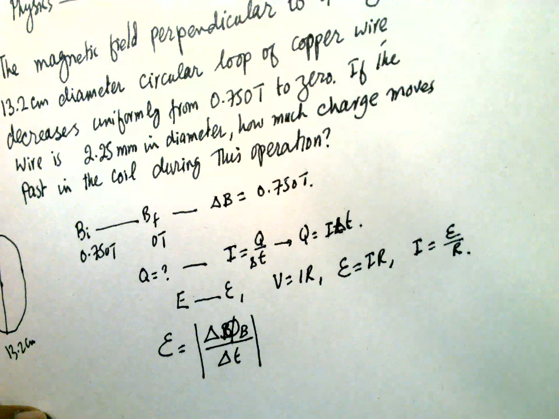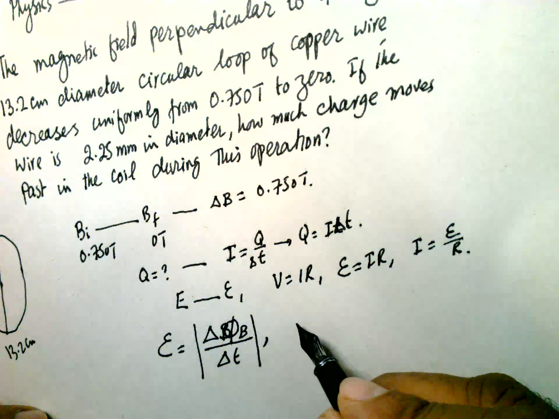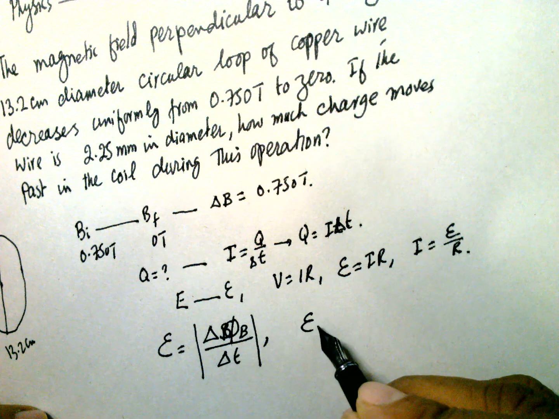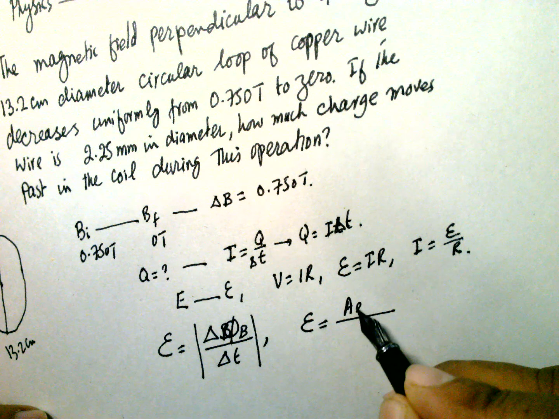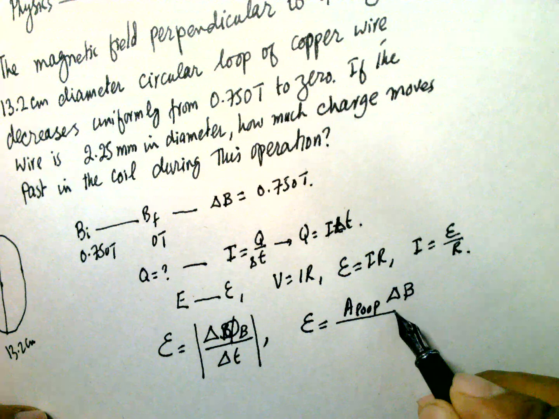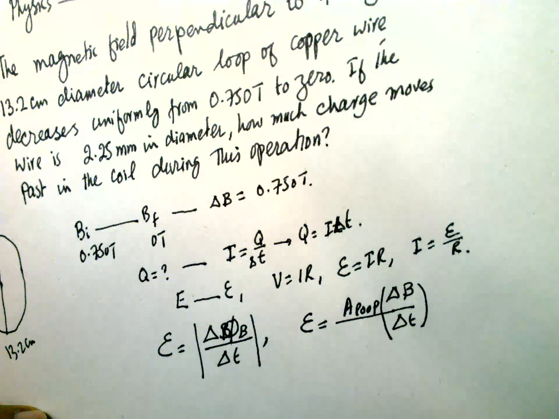We are calculating the magnitude, otherwise there is a negative sign. This is equal to the area of the loop times delta B over delta T, the rate of change of the magnetic field.